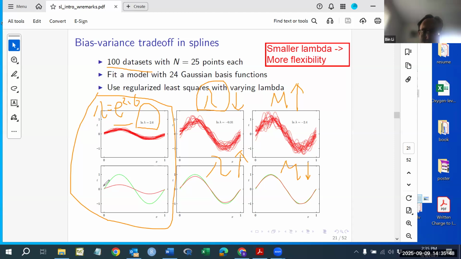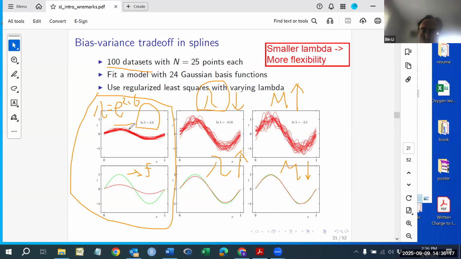Since I have 100 data sets, and for each data set I fitted a model, I take the average of these 100 models. And the green one is the underlying true function, the true function f.